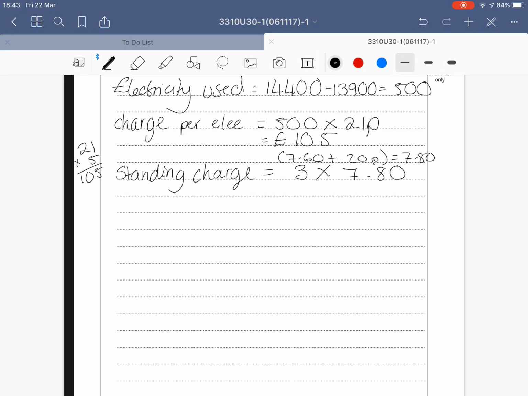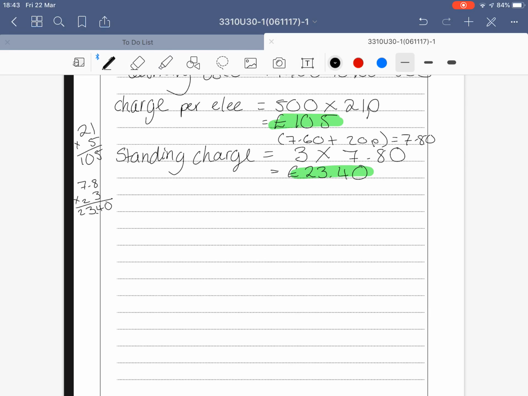You could write that out three times, but I'm going to do 7.8 times 3. 3 eights are 24. 3 sevens are 21, add the 2, so it's 23. Put the decimal there, so that's £23.40.